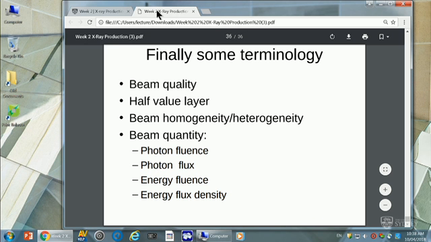Okay, so here are terms for the quantity of the X-rays. Photon fluence is the number of photons, and of all these four terms, I think that's the only one that I ever see used. Photon fluence is simply the number of X-rays per unit area.